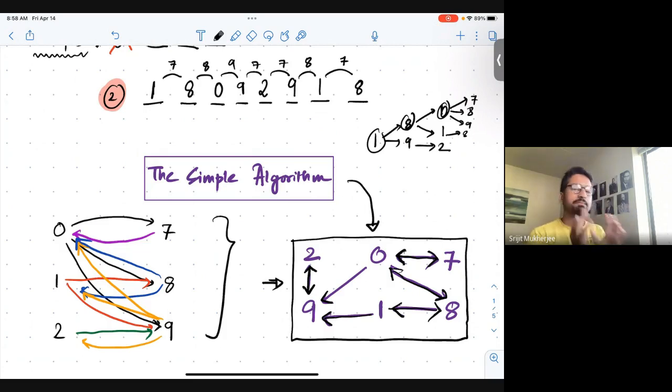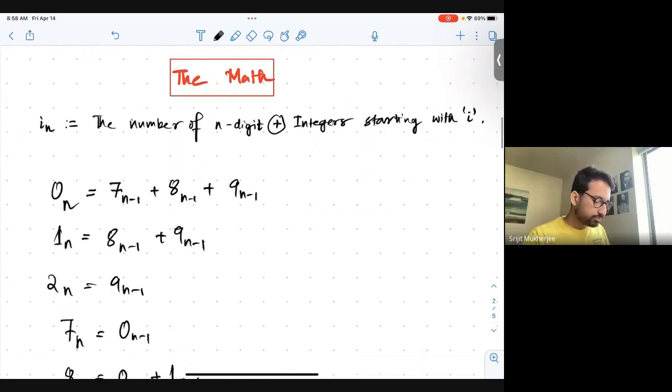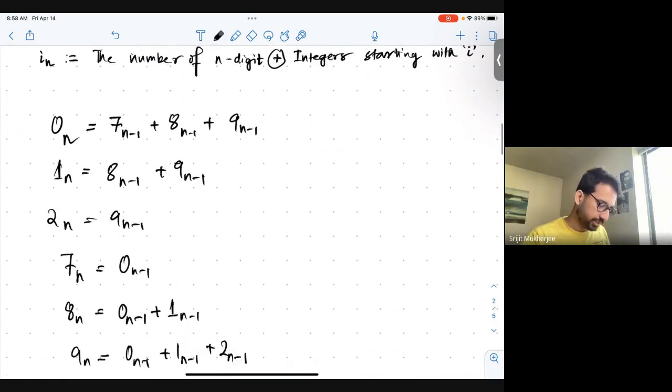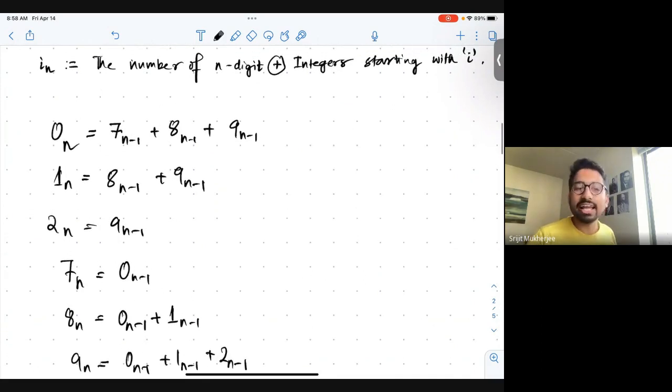So we will do a simple, small trick. We'll define these quantities. We'll define 𝑎_i(n), which is the number of n-digit positive integers that start with i.